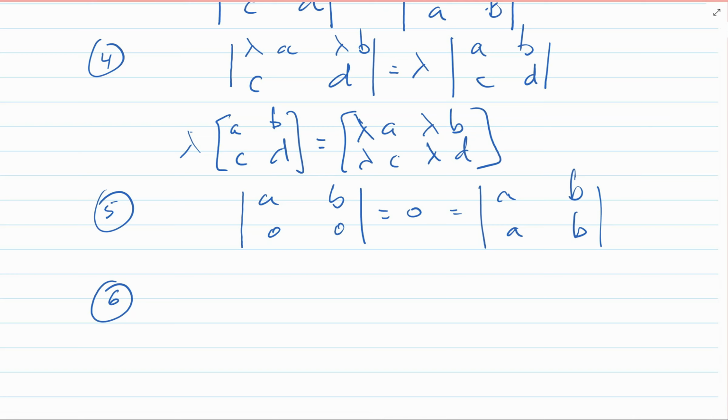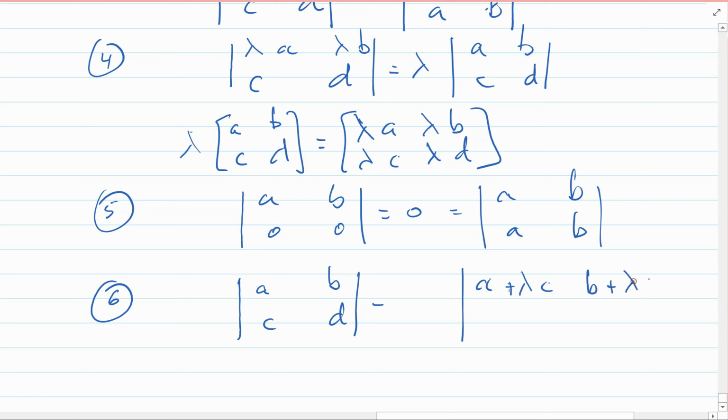So what happens if now we do the following? We take A, B, C, and D. And because of the elementary row operations, we take one row and add a constant times the other row. So for example, what happens if I take A plus lambda C and B plus lambda D, and C and D, okay?